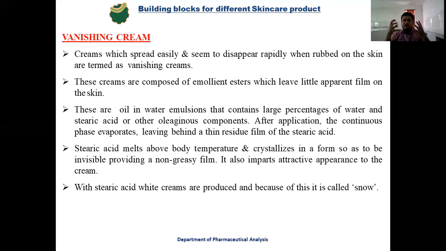You know that whenever any substance is heated to melt and then the temperature is lowered again, crystals form. So that is the property of stearic acid: it will melt above body temperature, and then it will crystallize.